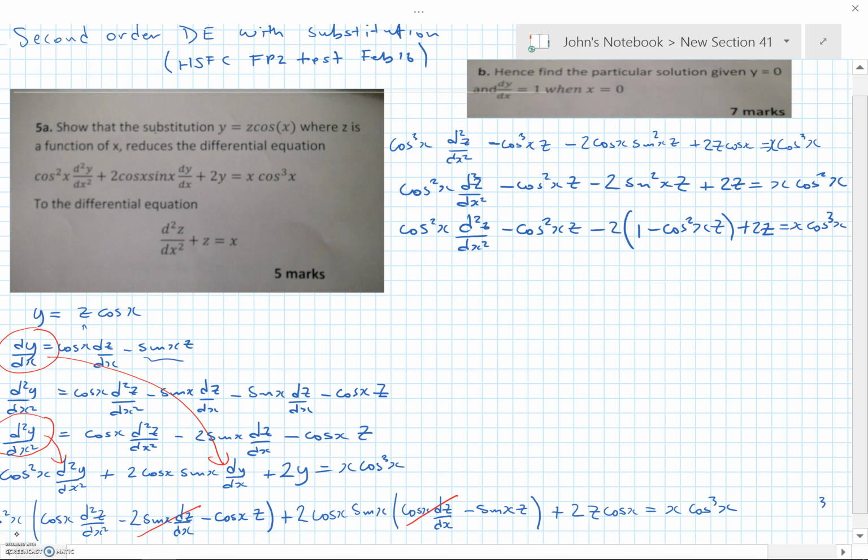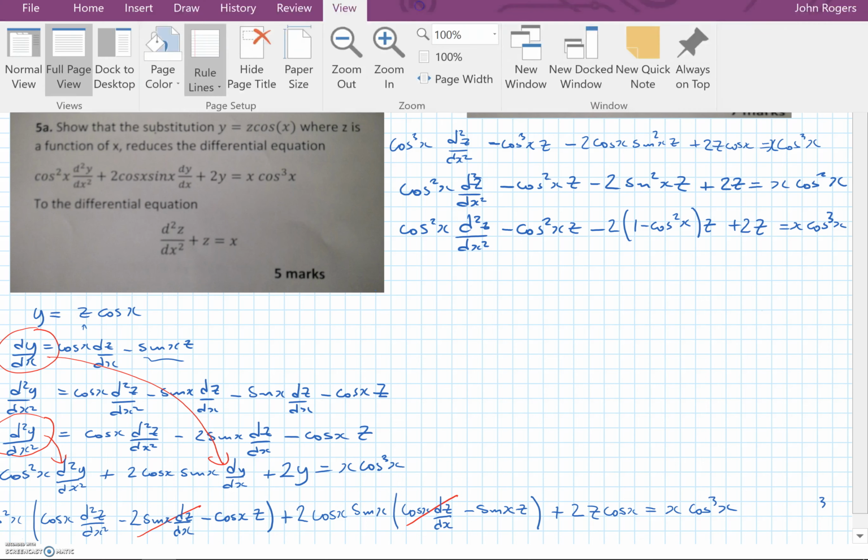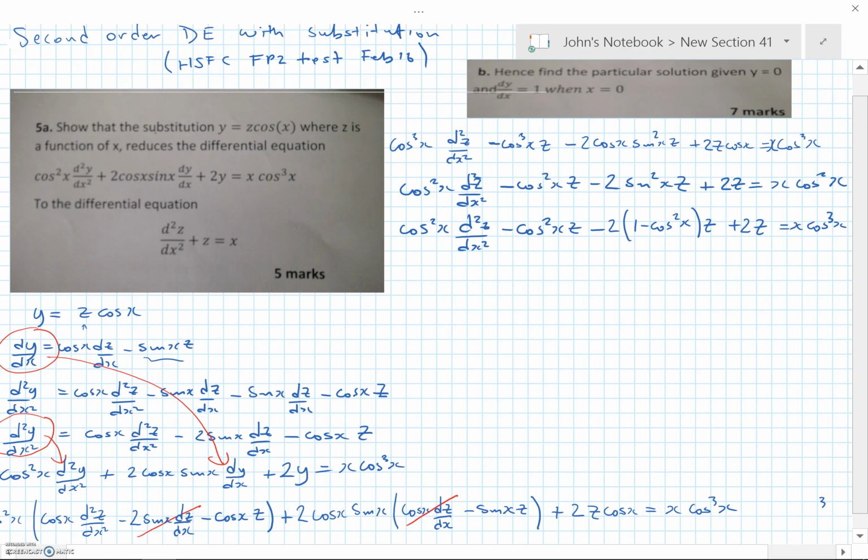Much like I said before, it's as well to look for cancelling things here, and that 2z cancels with this. That z here should be outside the bracket, of course. Let's rewrite that carefully. Now that I've got the z outside as it should be, this 2z here cancels with that 2z there.